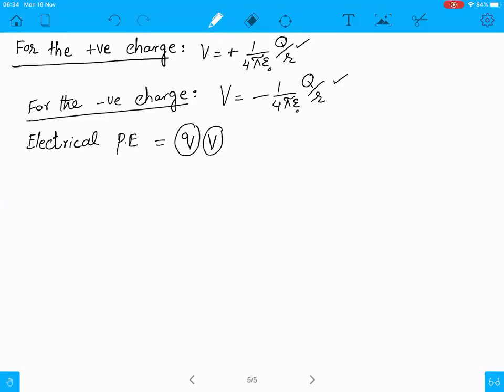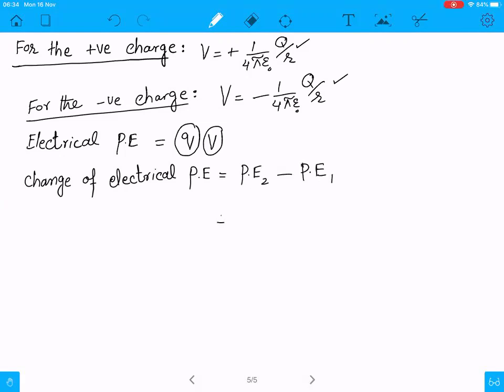And delta electrical PE, or change of electrical PE, will be equal to PE2 minus PE1.